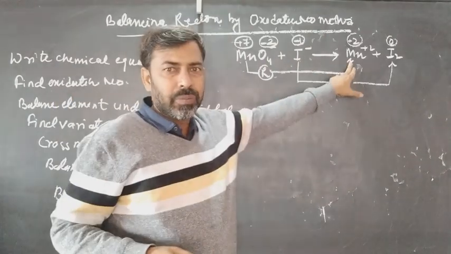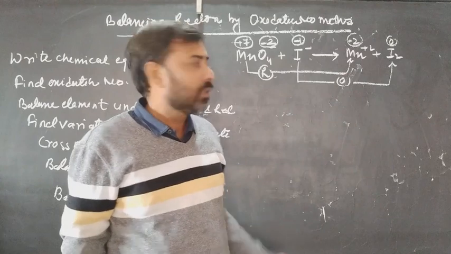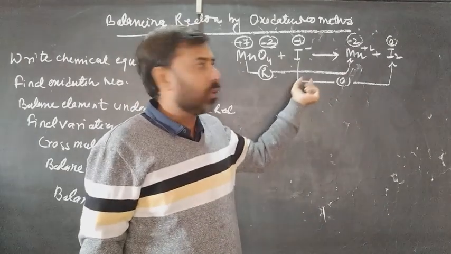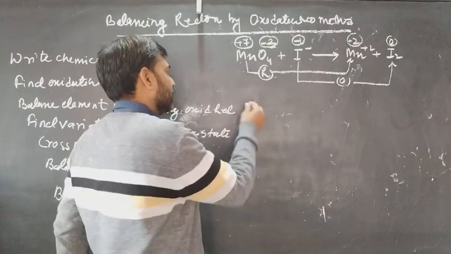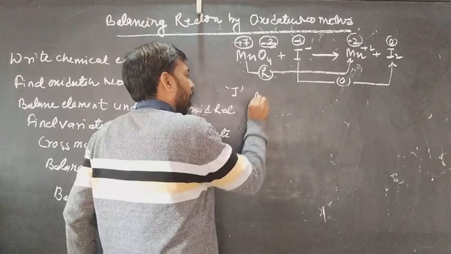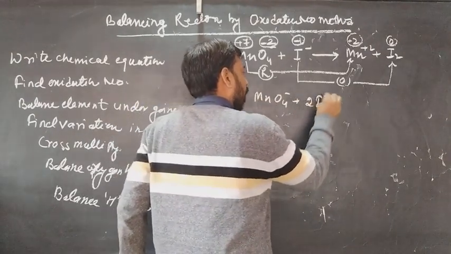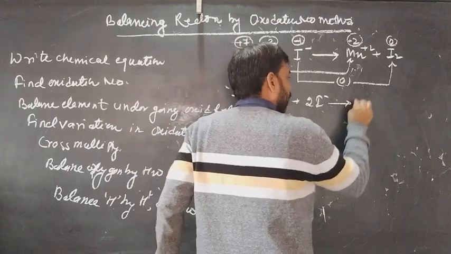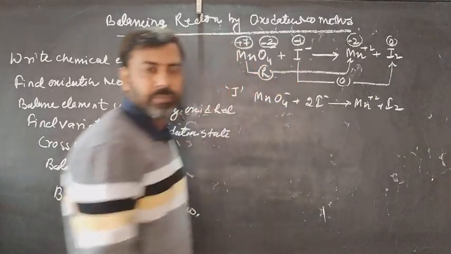Mn जा रहा है reduction में, 1 Mn, again 1 Mn, तो यहाँ पे already balance है. But iodine balance नहीं है, 1 iodine atom and 2 iodine atoms. So just balance it. So balancing iodine, it will be MnO4 minus plus 2 I minus gives Mn plus 2 plus iodine.